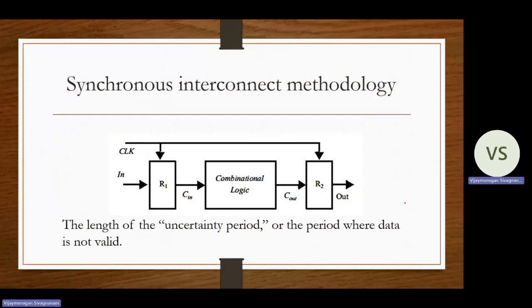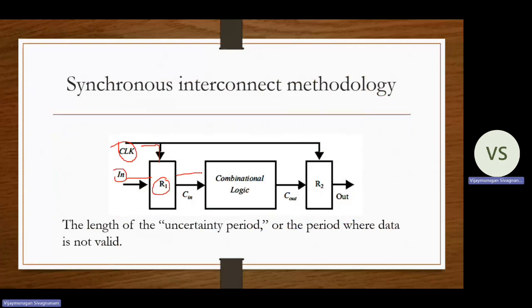In this diagram, we have two registers and one common clock. CLK represents the clock, IN represents the input value, and R1 and R2 are the registers. The R1 register gets the input data after the clock pulse hits. When the clock pulse is applied to R1, this register gets the data and samples the data. After sampling, the output is given to the combinational logic.